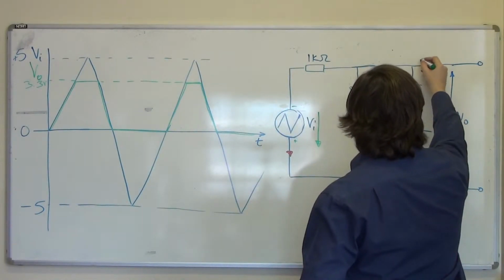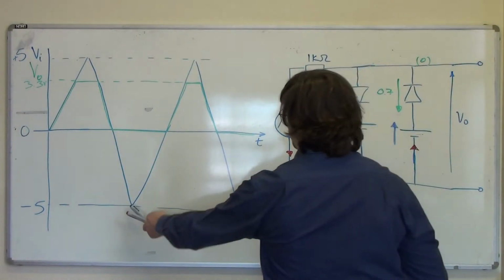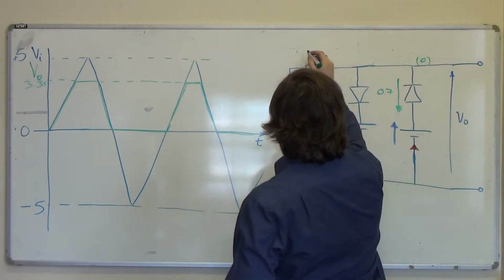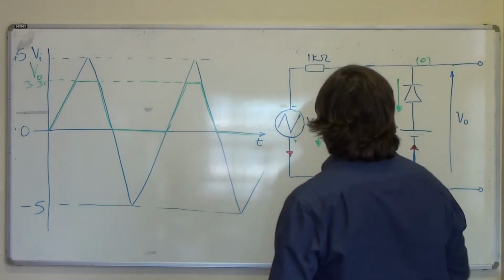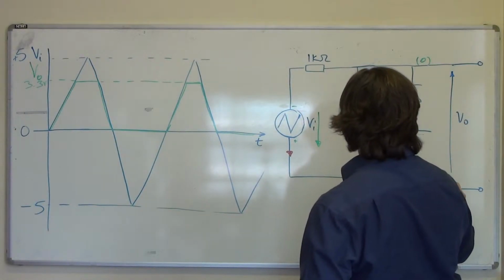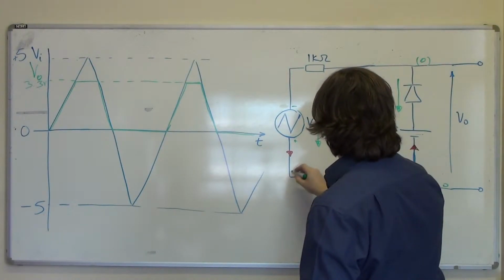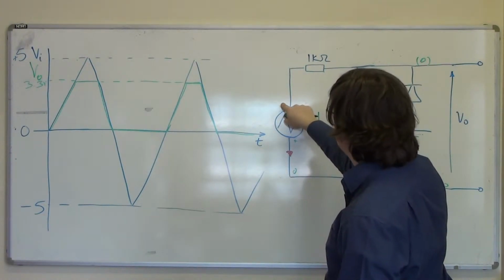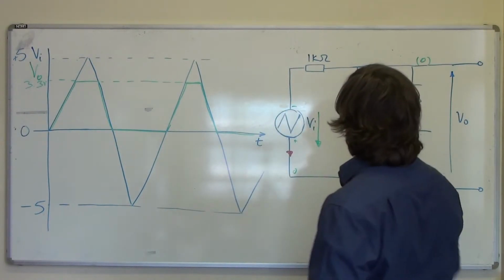We know that this must be 0 volts with respect to our reference, and that under the peak conditions there'll be 5 volts across our resistor. Because our reference is at 0 as well, this is all 0, and it's just that this is at minus something. At the most maximum, at minus 5.